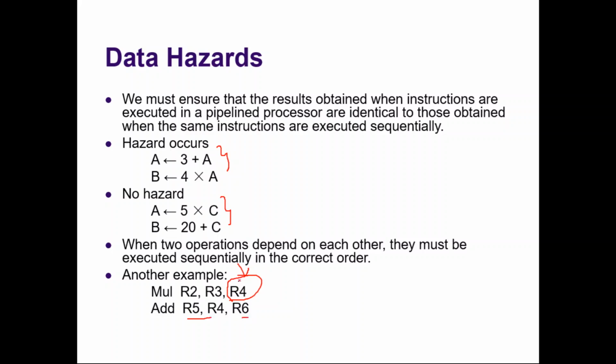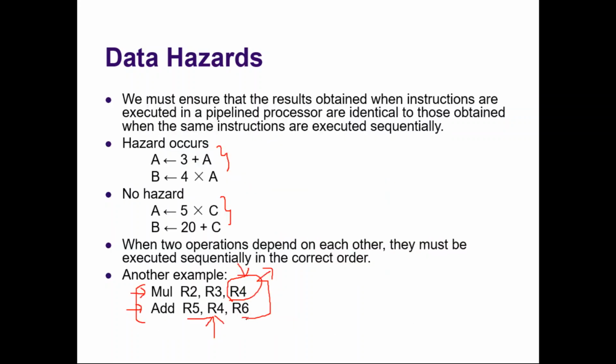See this, the destination operand of the first instruction is used as the source operand in the second instruction, or the destination operand of the previous instruction is used as the source operand in the next instruction. So this will create hazard. This should be executed sequentially, or if you are using pipelining, it should be stalled at appropriate place to make sure that the result is not getting affected.